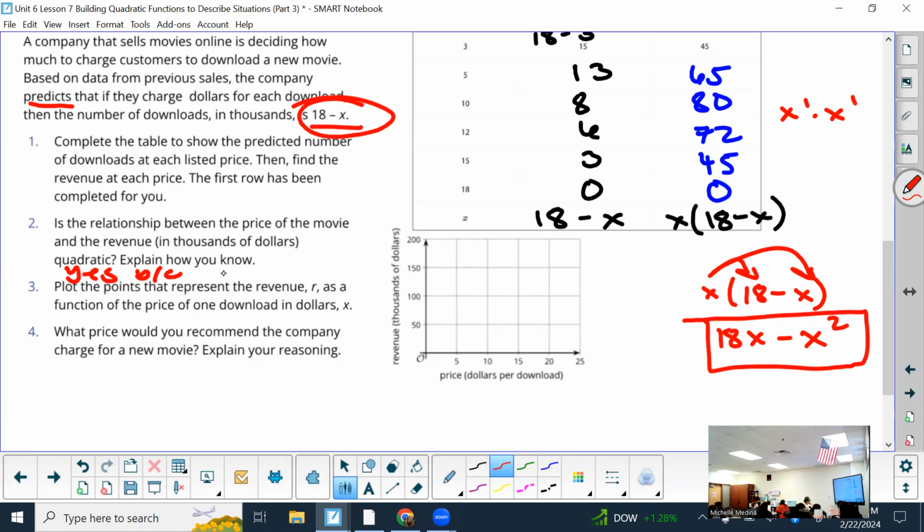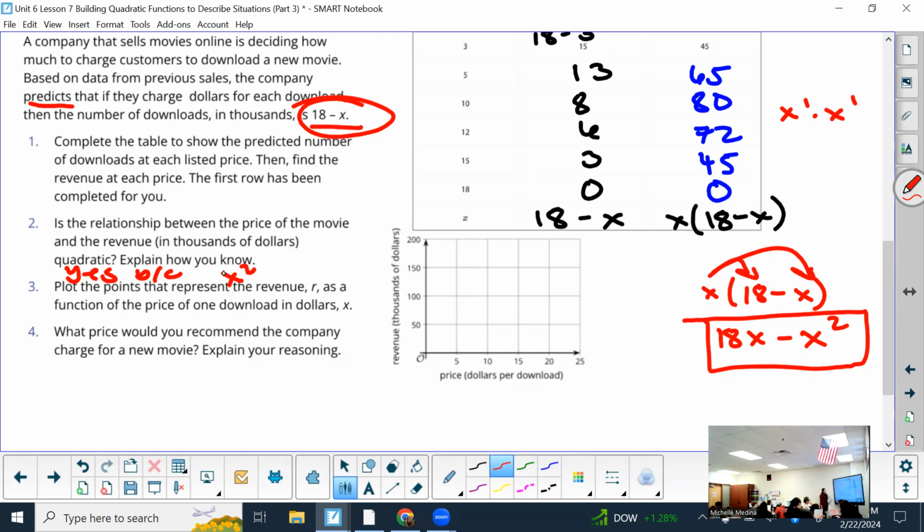So it's because of the x squared. If you have an x squared in it and nothing higher, like not x cubed or x to the fourth, nothing like that, then it is quadratic.